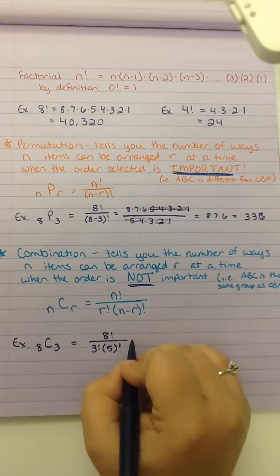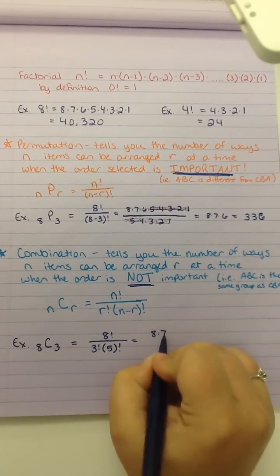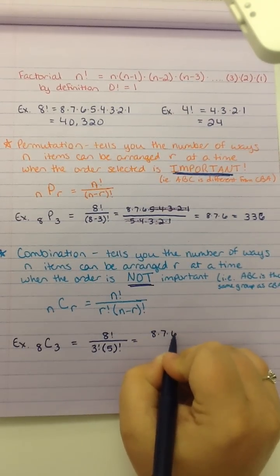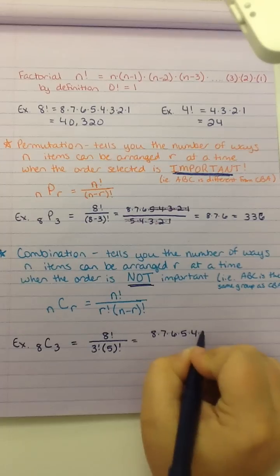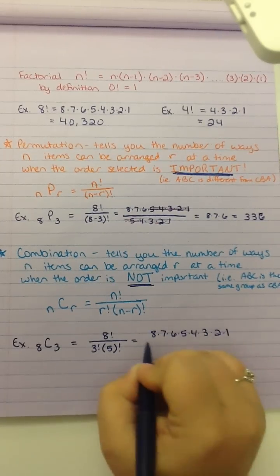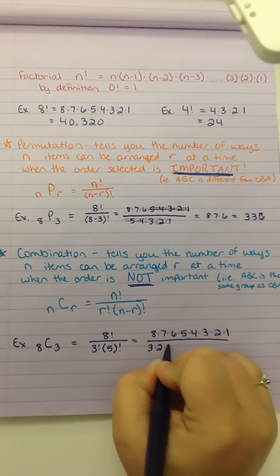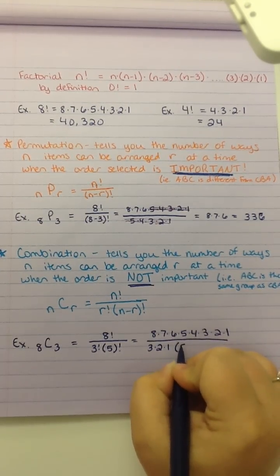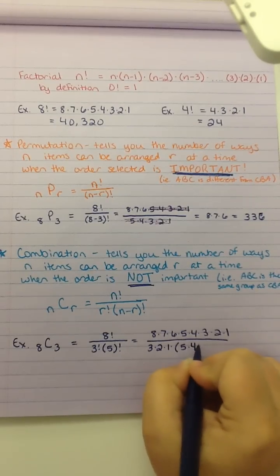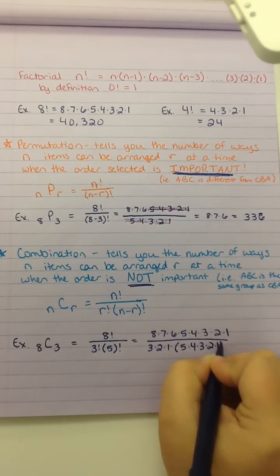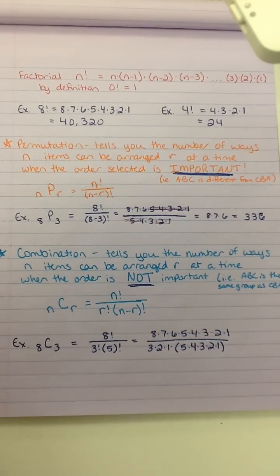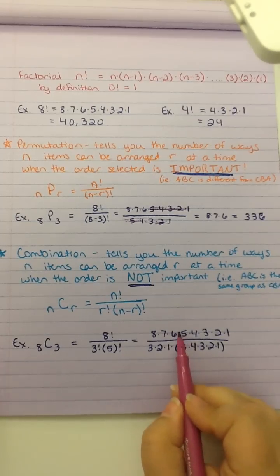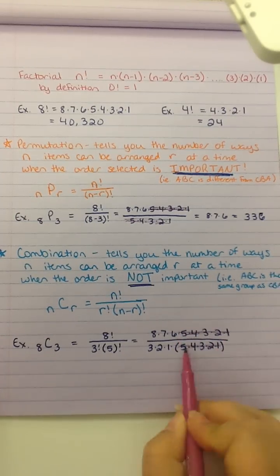So if I write all this out, the numerator is still going to be exactly the same. The denominator, however, has changed. It's now 3 times 2 times 1 times 5 times 4 times 3 times 2 times 1. So I'm still going to cross off this stuff at the end.